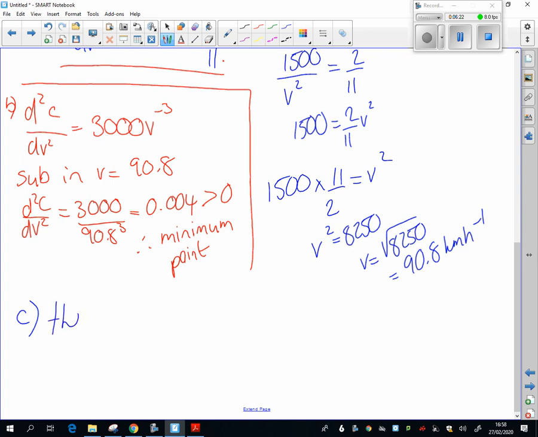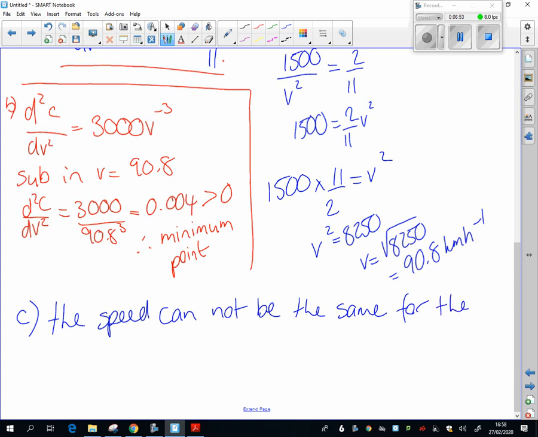So the speed, I'll put, is unlikely. I think it is more than unlikely, isn't it? So the speed cannot be the same for the entire journey, and then just try and give a reason for why.